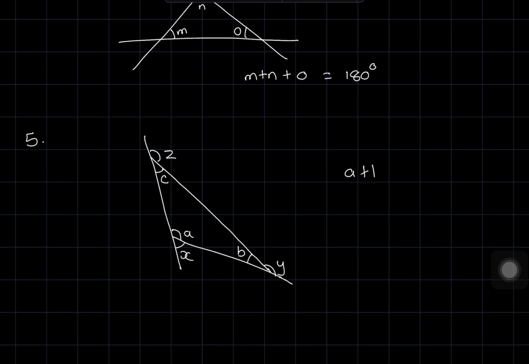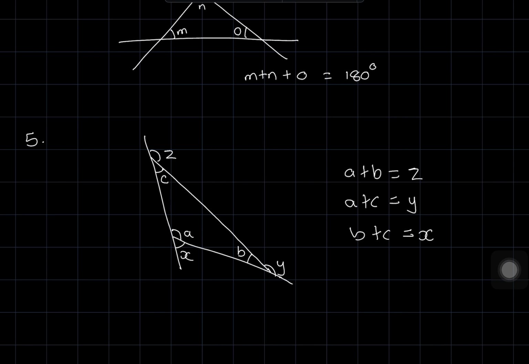A plus B equals Z. And then A plus C equals Y. And then B plus C equals X. By just looking at this, what is coming into your mind?